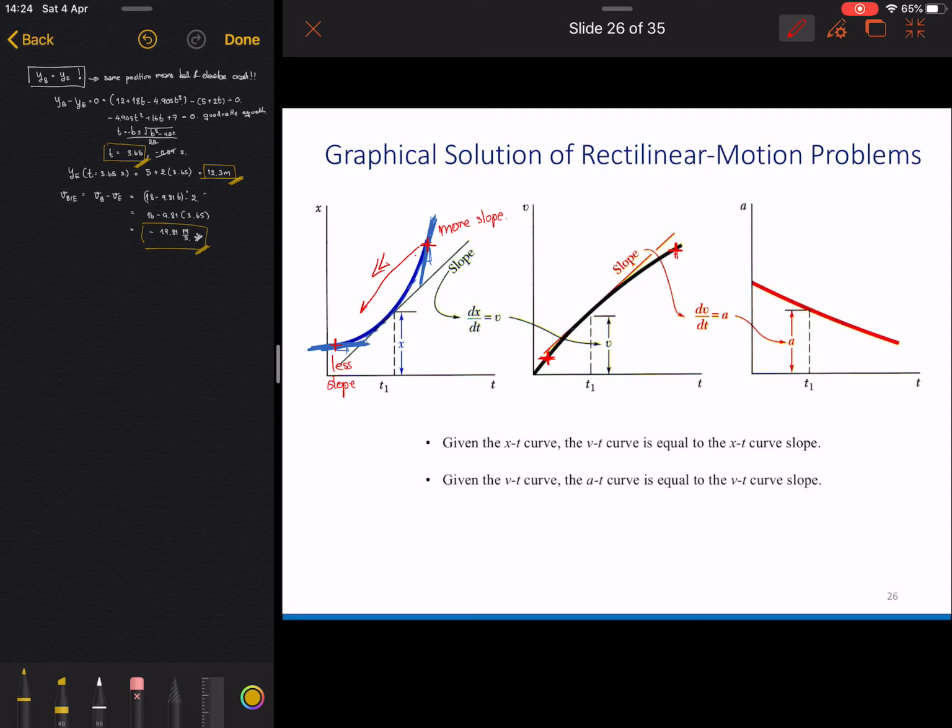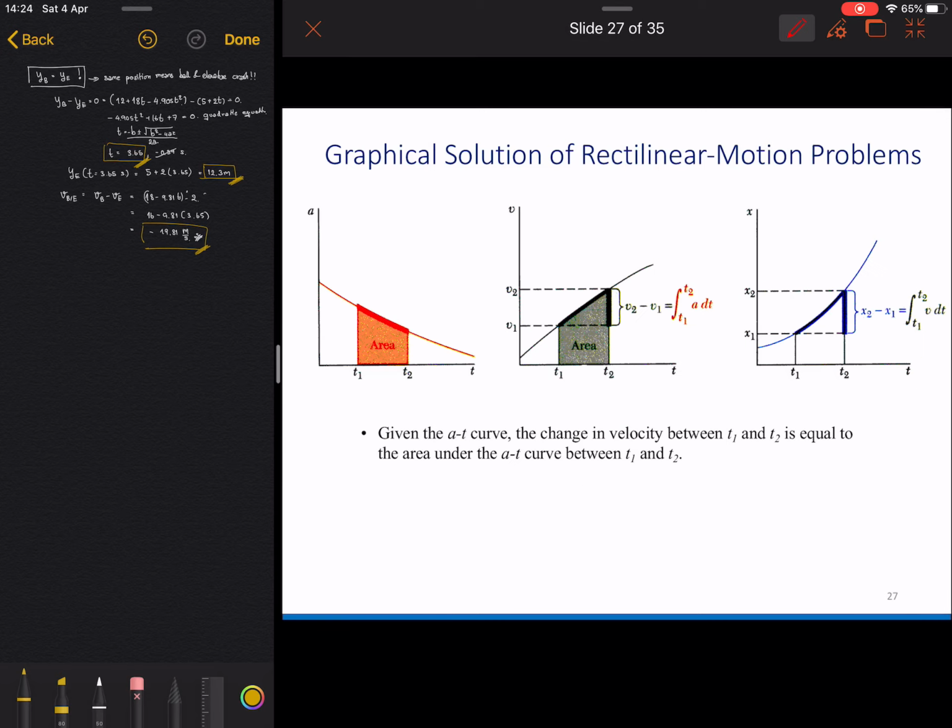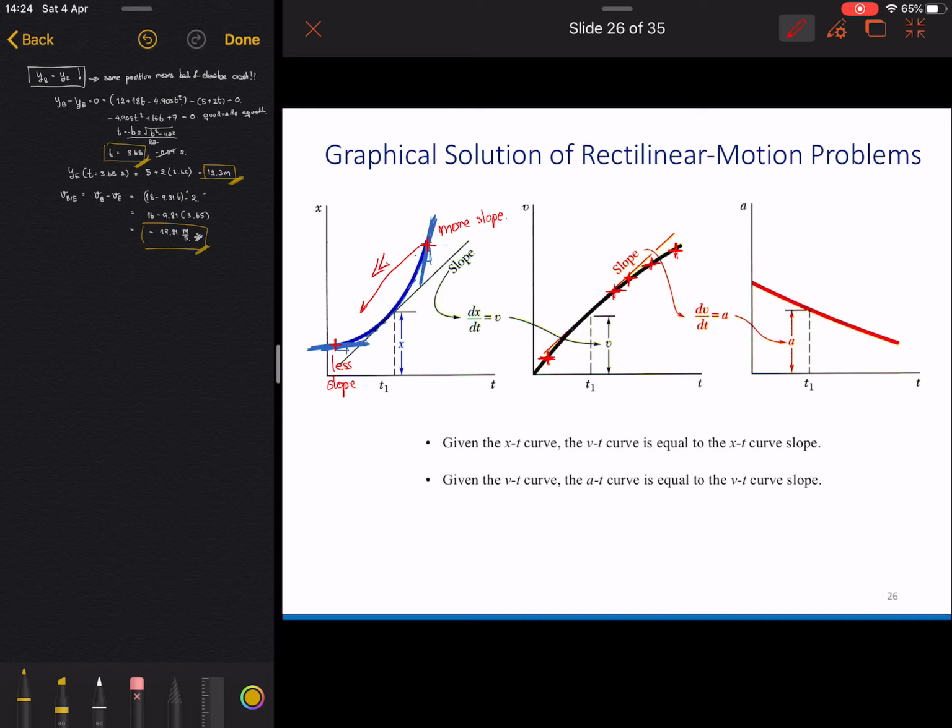So this means each point on this graph is really the slope at each point from the displacement curve, right?